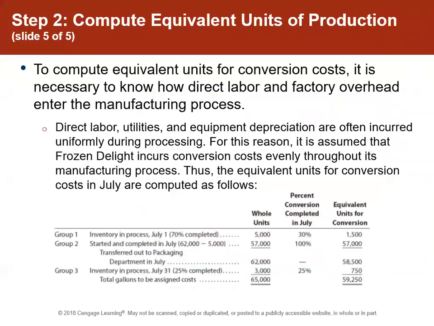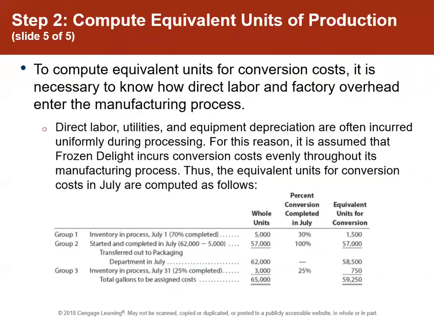So conversion cost is a little trickier because we have to consider not materials, but labor and overhead that are in beginning inventory, okay? So we know we had 5,000 units in beginning inventory. Those were 100% complete in regards to materials, but we hadn't added all the conversion costs, labor and overhead. Otherwise they'd be completed, right? So we hadn't added all the labor and overhead.